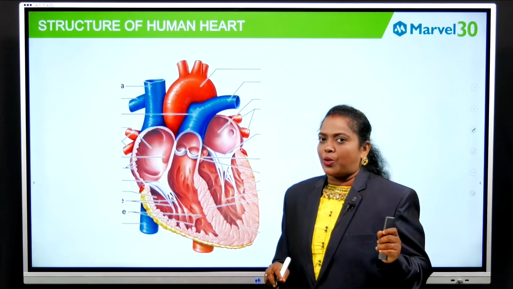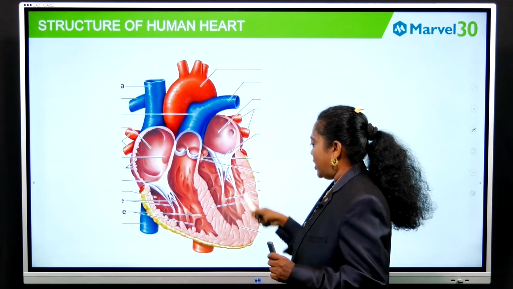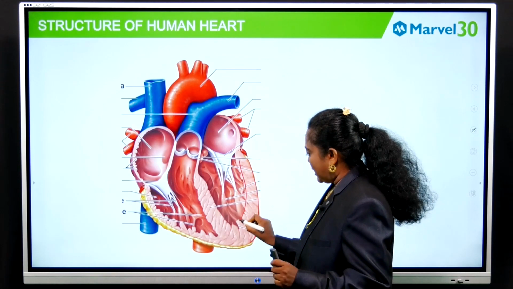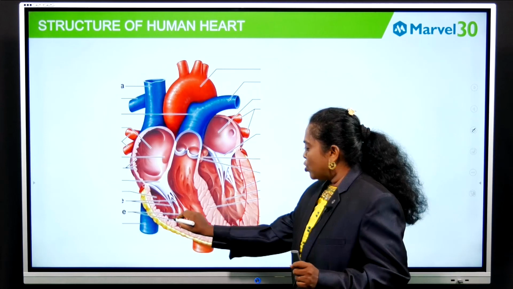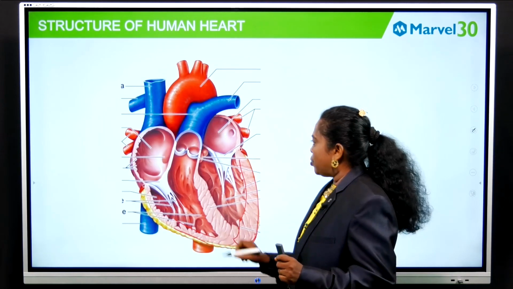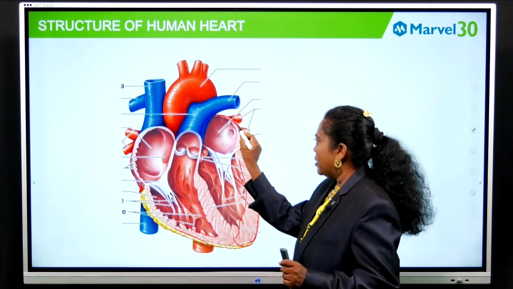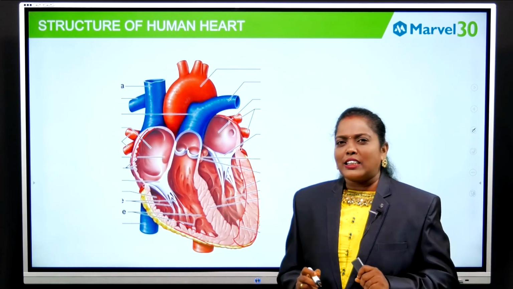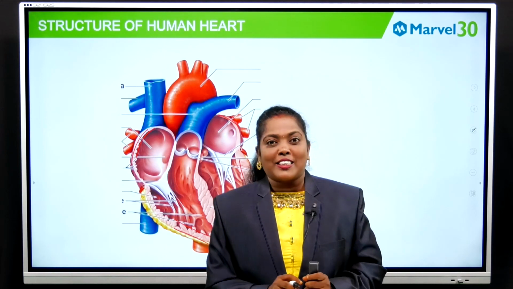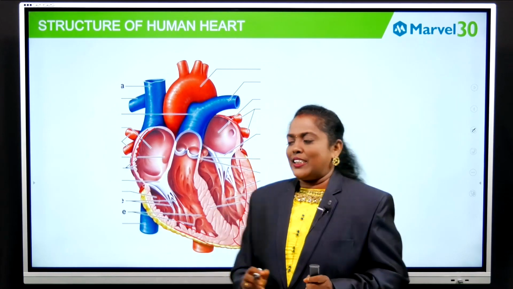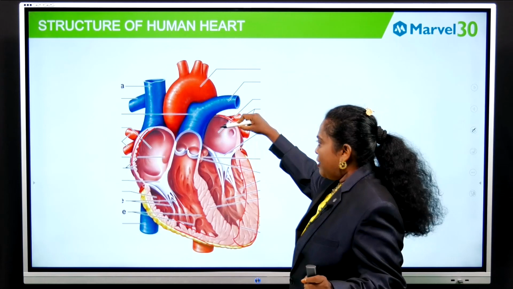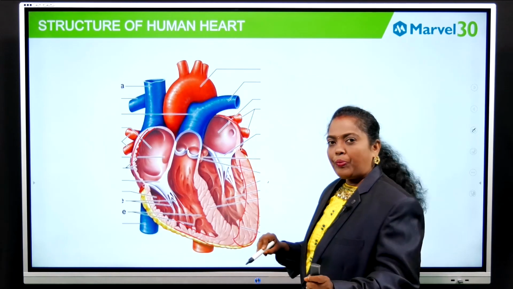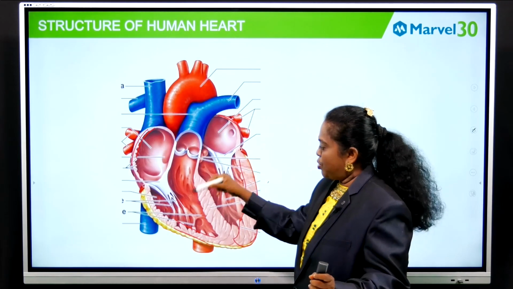And I have asked one question. Why are the muscles in the left ventricle thicker compared to the muscles in the right ventricle and even in the atrium? It is very thin, isn't it? Any guesses? What will be the reason for that? The blood from the atrium is just going to come here, and similarly here to here.